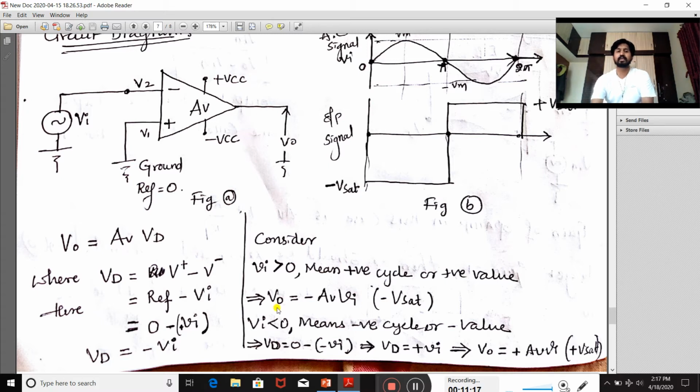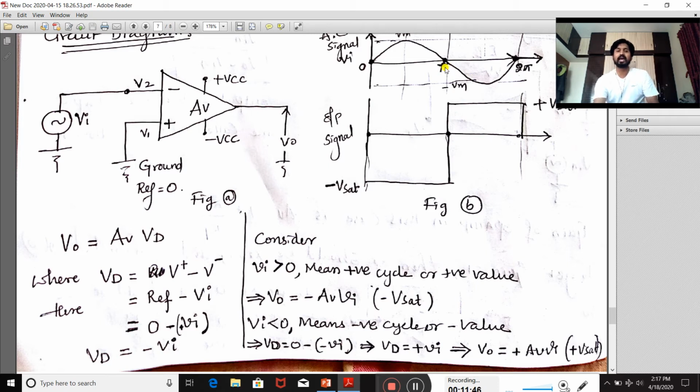So in this case, whenever the signal is positive, that means above the zero level, you are going to get a voltage or pulse at the negative side. And when Vi is less than 0, that means the input signal is going in the negative direction, a minus value.